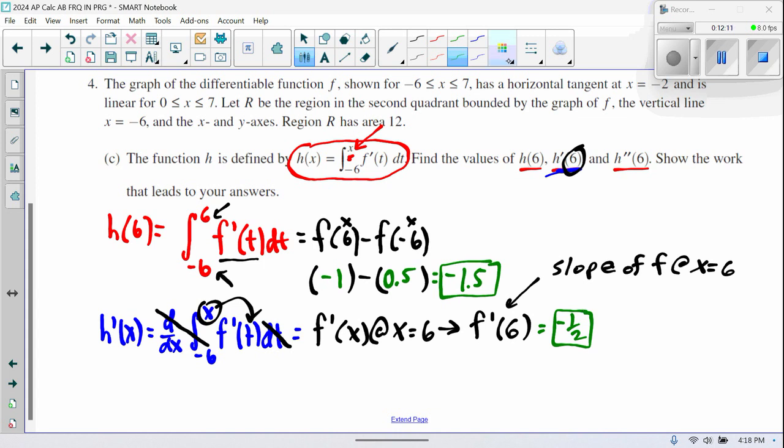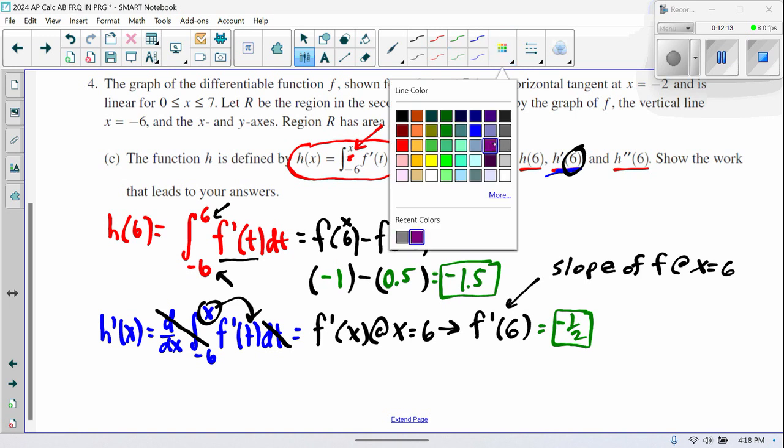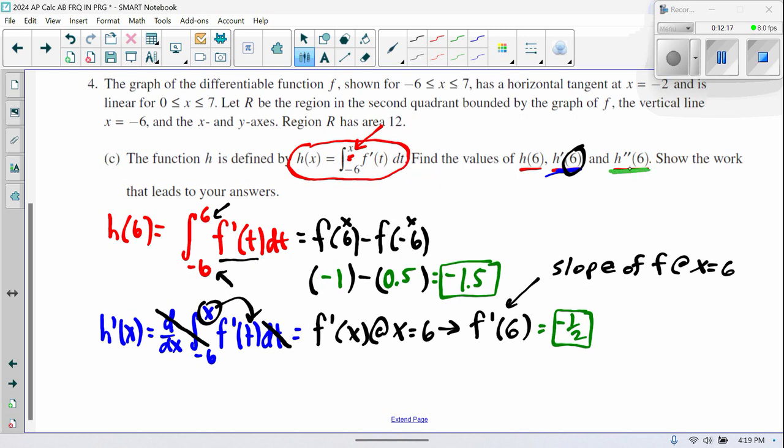All right, last but not least, purple. No, green. Let's go green, kids. The second derivative of h. First of all, we know the first derivative of h is the first derivative of f. So the second derivative of h is the second derivative of f. And I want that again at x equals 6.